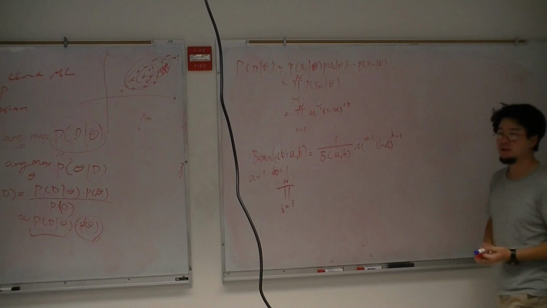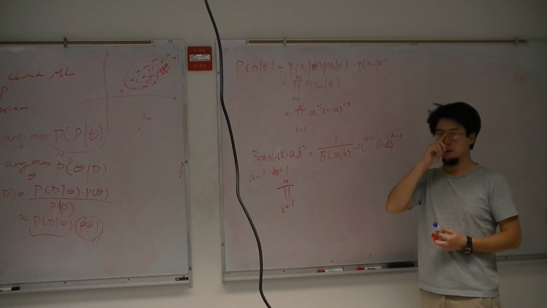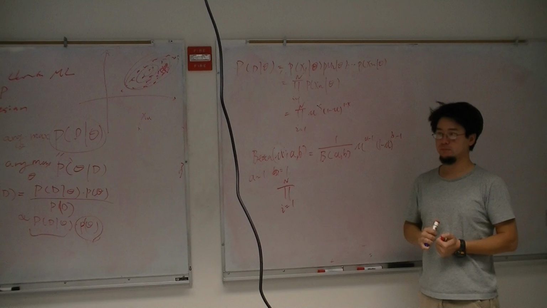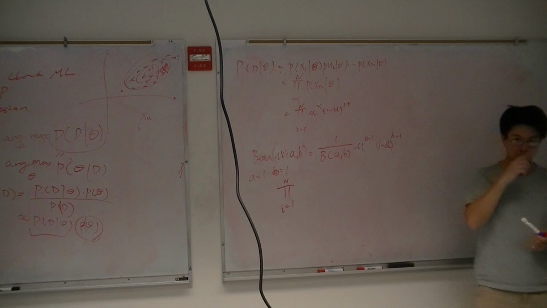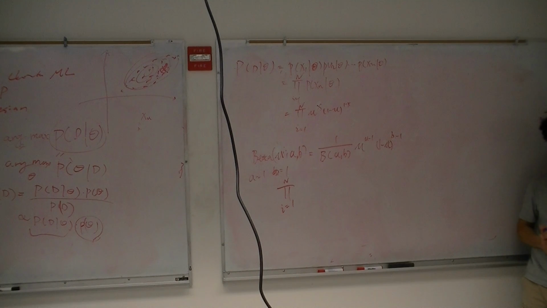What's the effect of A and B on this constant? A and B is just bounded, in the sense that mu is the variable. So we are considering the distribution of mu, and B(A,B) is just a normalization factor. But of course, if you have different A and B, then your normalization factor is different.